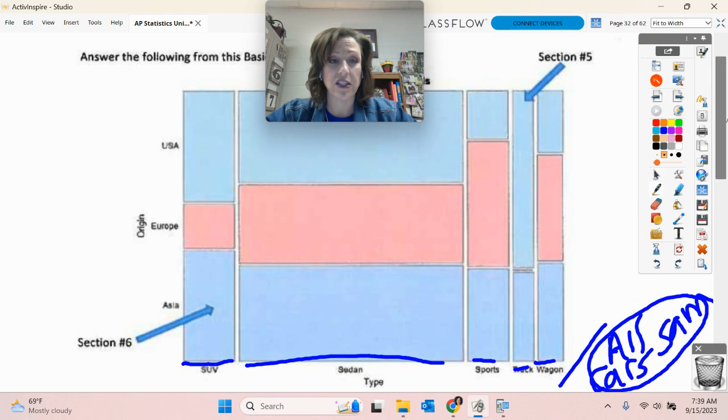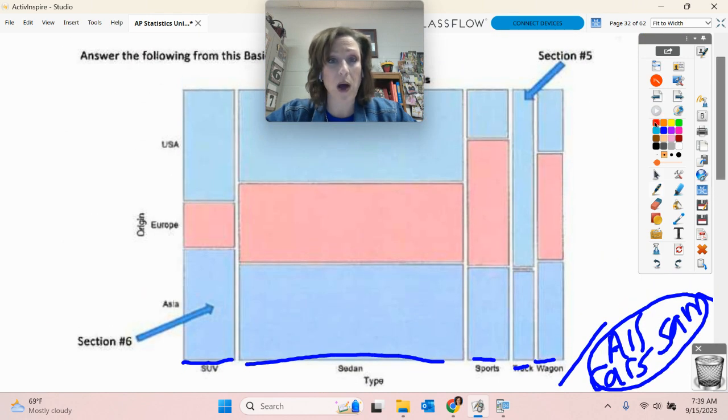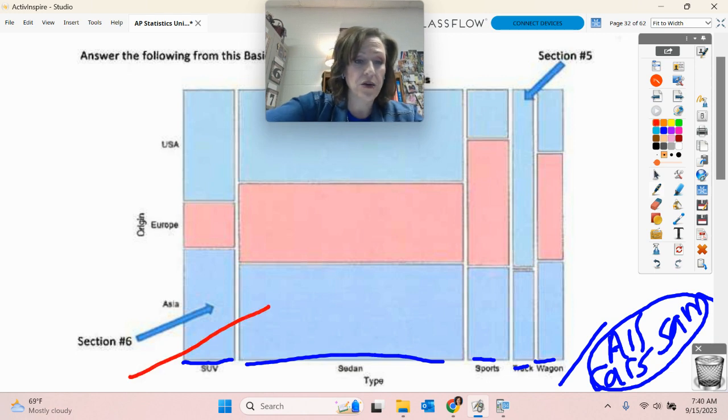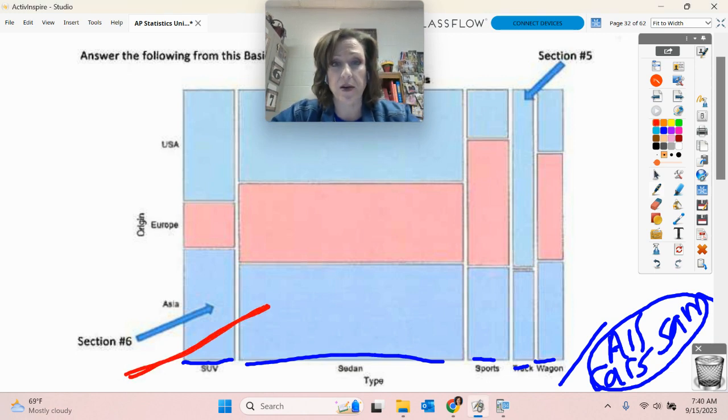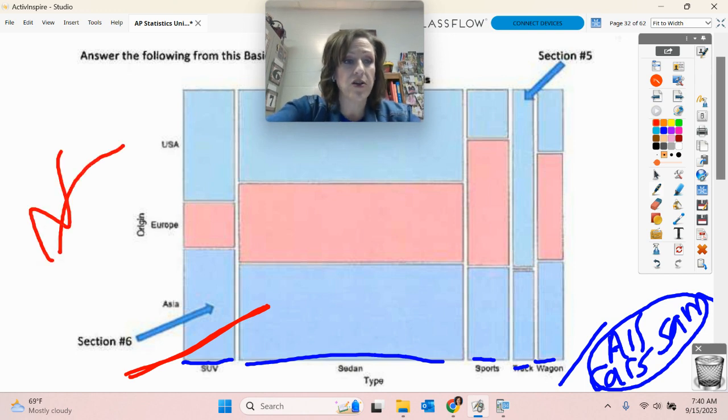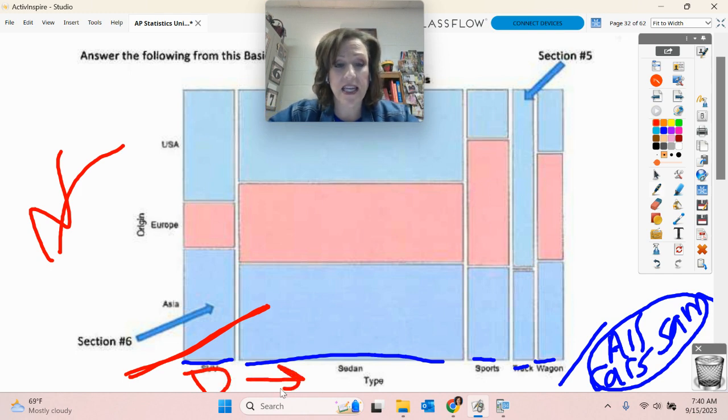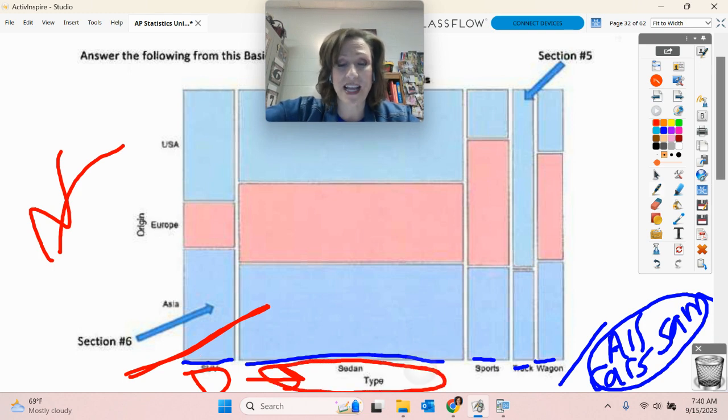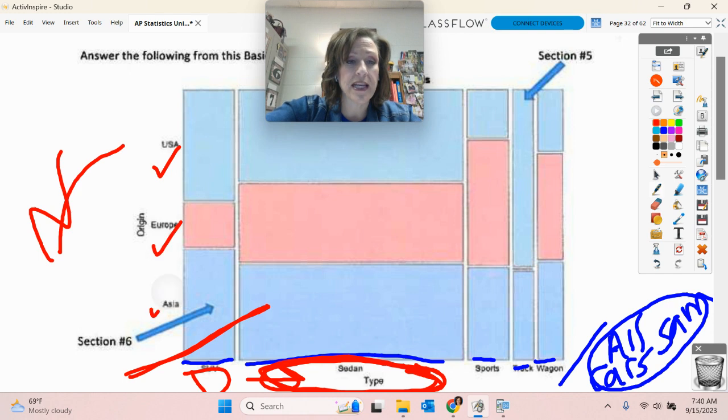Now, let's take a look at how we define what's happening on the y-axis. So here is this right here. I want you to think of the y-axis in terms of this is the numerator and this down here is the denominator. So we would say the proportion of each car type that are made in USA, Europe, and Asia.